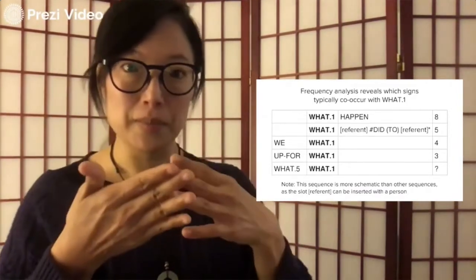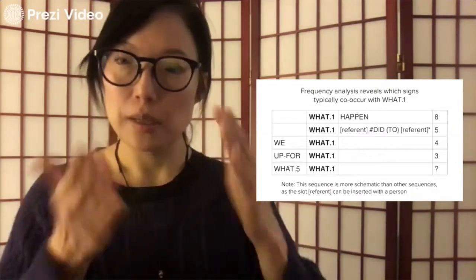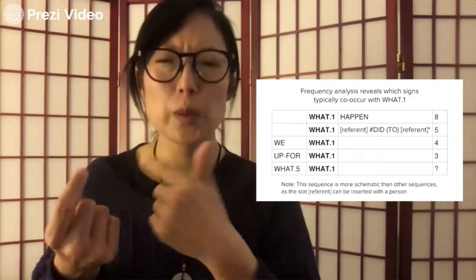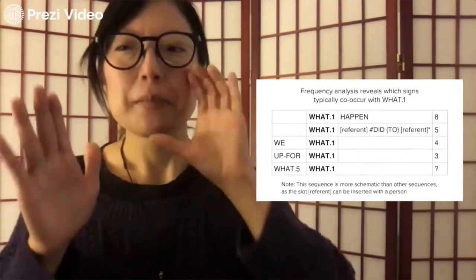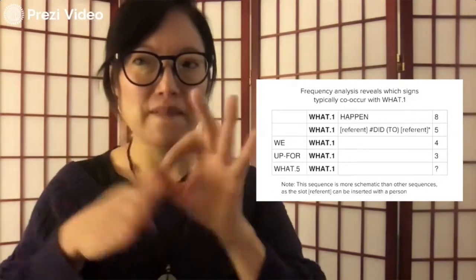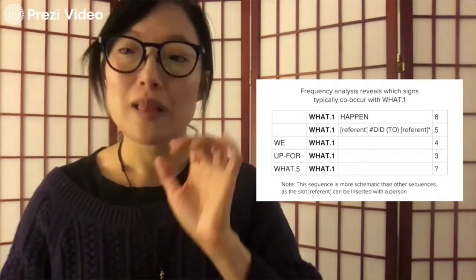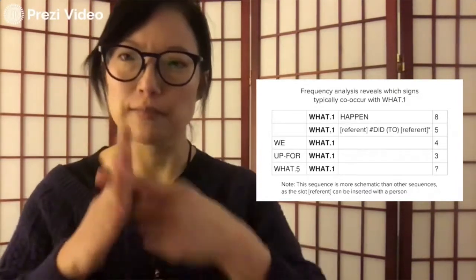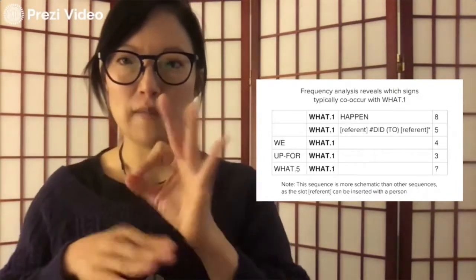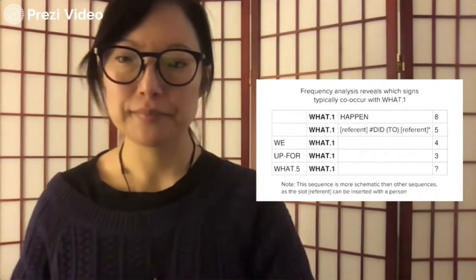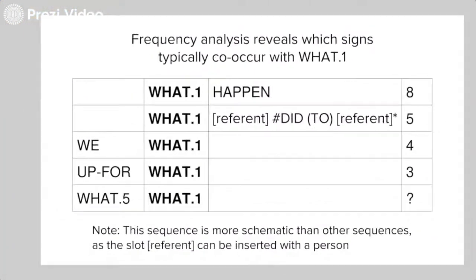Now, looking at this table of what one in comparison to the table of what do, we get somewhat of a better picture of how some functions will overlap while others will not. Those frequency analyses allowed us to start identifying the general functions of what do and what one.